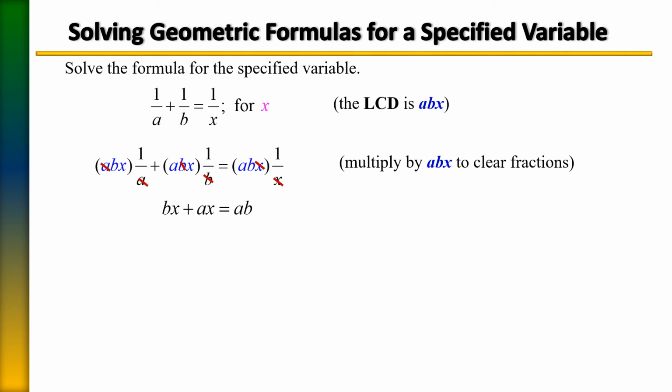We're not done. We still don't have X by itself. Now what we're going to have to do on the left side, we cannot combine those terms because they are not the same. Now if they were both BX, then we could combine them because you would have 2BX, or if they were both AX, then you would have 2AX. But that's not the case.